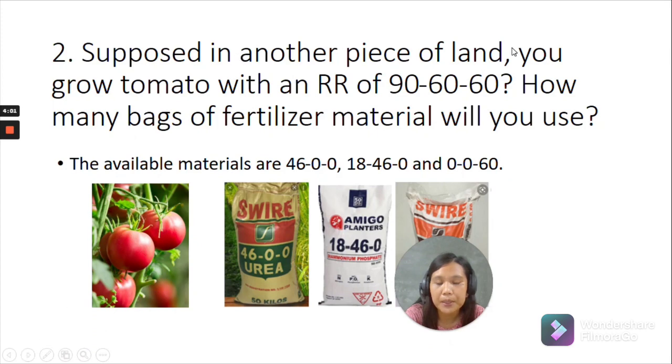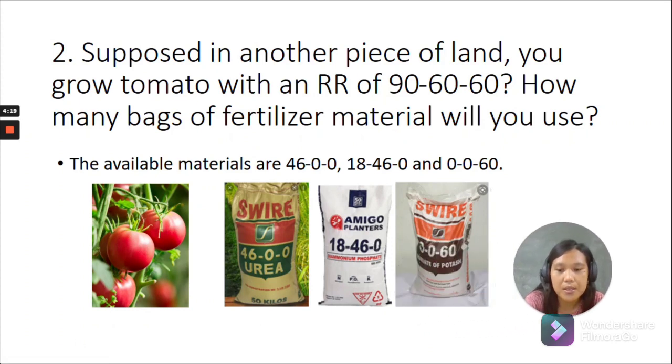Suppose in another piece of land, you grow tomato with a recommended rate of 90-60-60. How many bags of fertilizer material will you use? The available materials are 46-0-0 urea, 18-46-0 or diammonium phosphate, and 0-0-60 or muriate of potash.